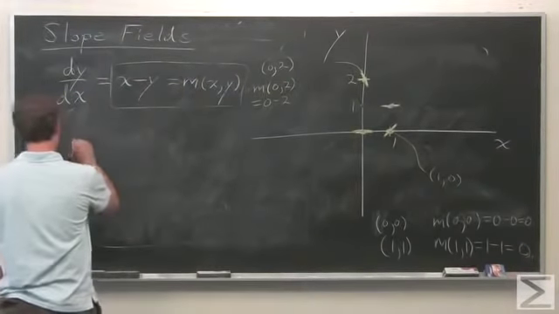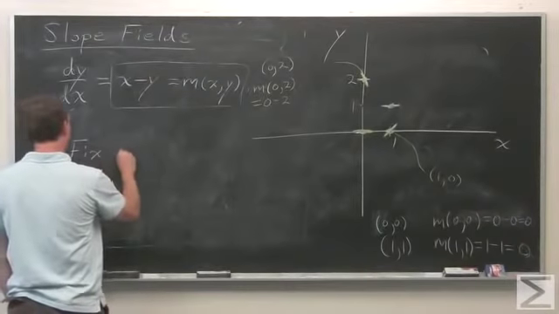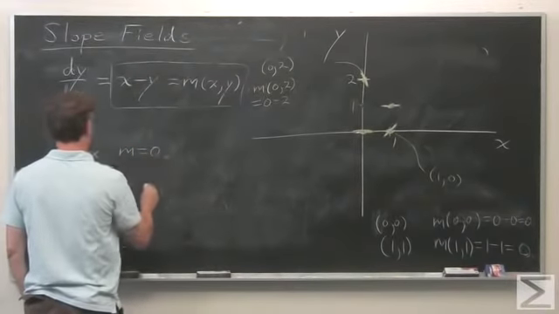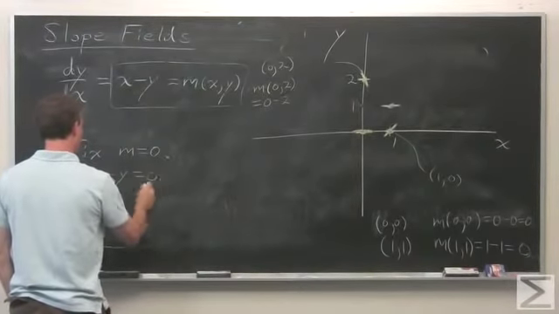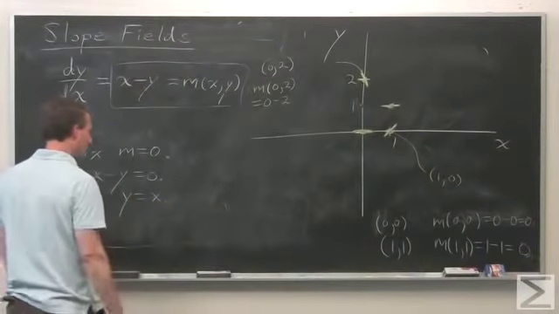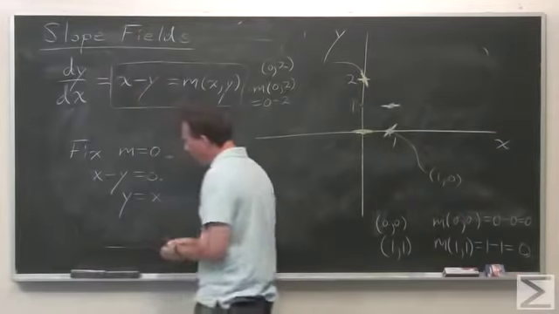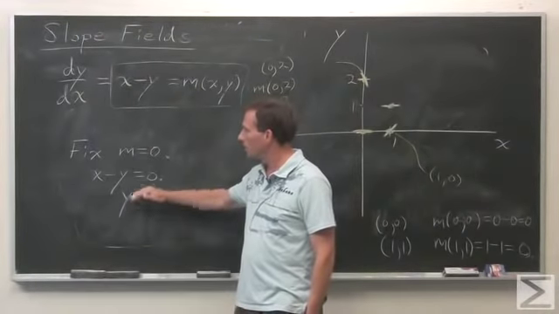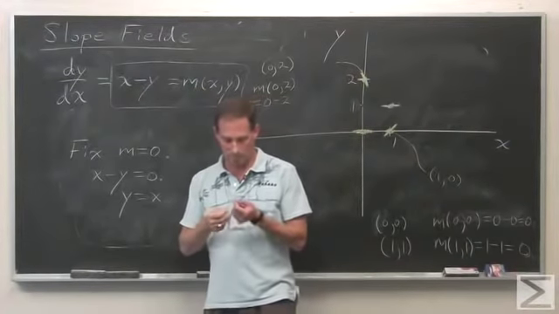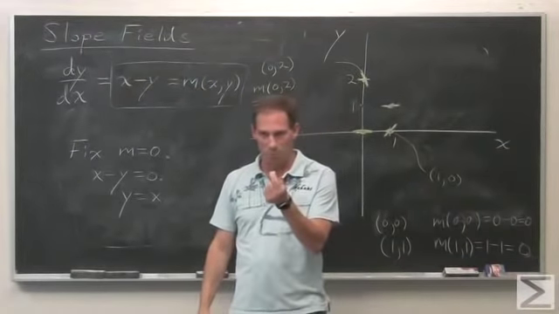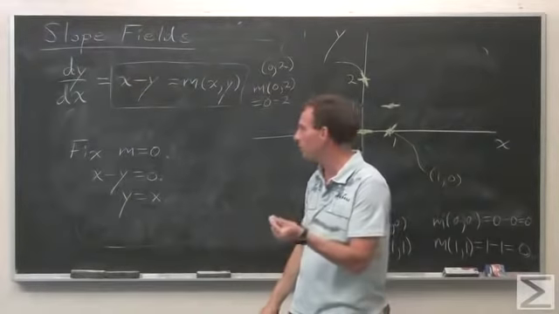Suppose we want to look at all of those where m is 0, so where the slope is 0. So we want x minus y to equal 0. That means that y has to equal x. It means that along the line where y equals x, all the points are where the slope field has 0 slope.